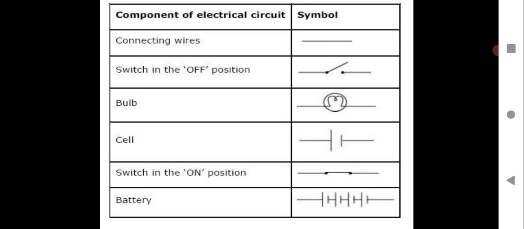I hope this concept is very clear. A cell consists of positive and negative terminals, and a combination of two cells, three cells together, will give you a battery. I hope you are drawing this in your notebook, children.